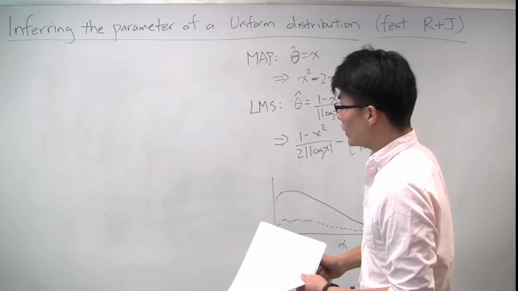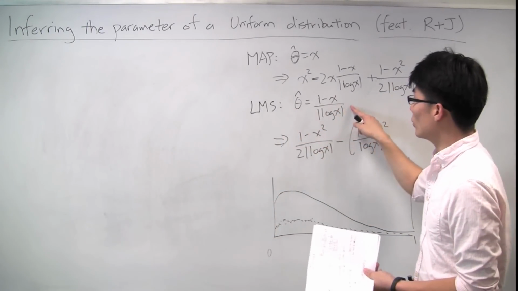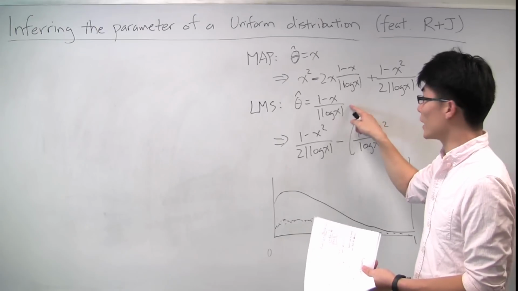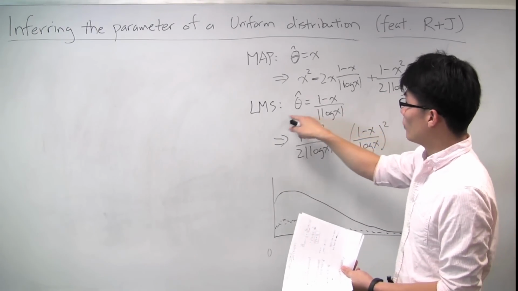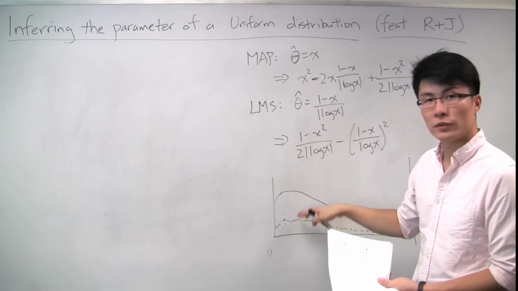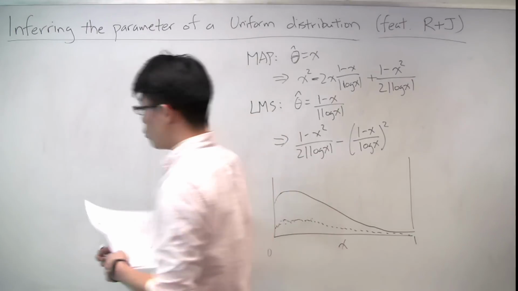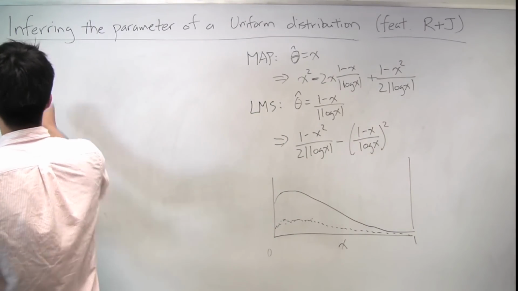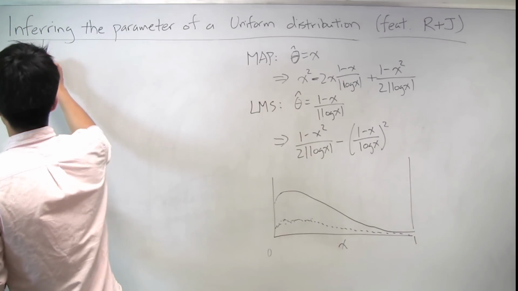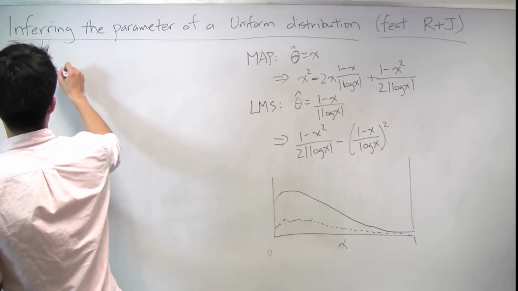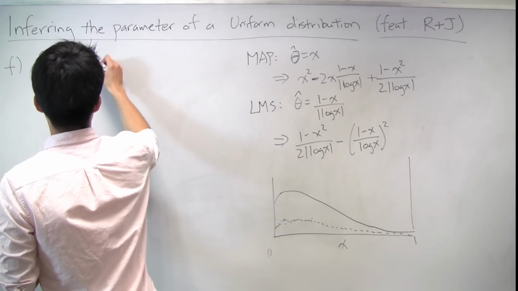And so what we do is we try to come up with a linear form of this, something that is like ax plus b, where a and b are some constant numbers, but that also does well in terms of having a small mean squared error. And so we know from the class that in order to calculate the linear LMS, we just need to calculate a few different parts.